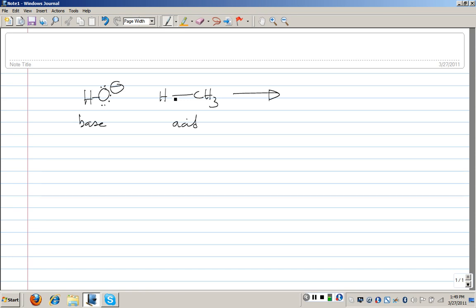Methane certainly has H bound to carbon, and therefore could potentially function as a proton donor. So if any reaction is going to happen, hydroxide would use its electron pair to deprotonate the methane. The 2 electrons in the CH bond get dumped onto the carbon, and I end up with HOH, in other words, water, and CH3 minus.